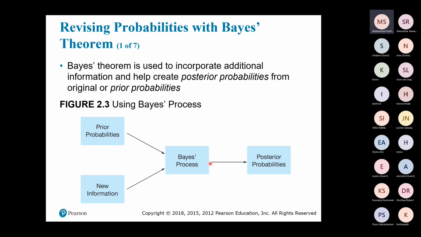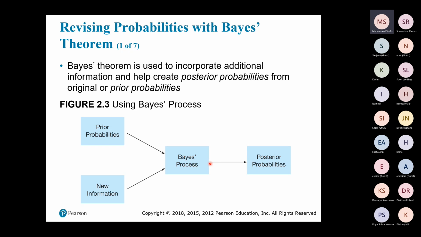So the new information is your current sales value, and the prior probabilities are your probabilities from the previous month or previous year. Then we use Bayes' theorem to predict the probability of you getting some sales figures at the end of this month.